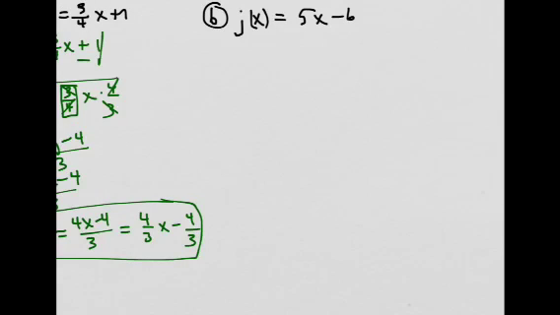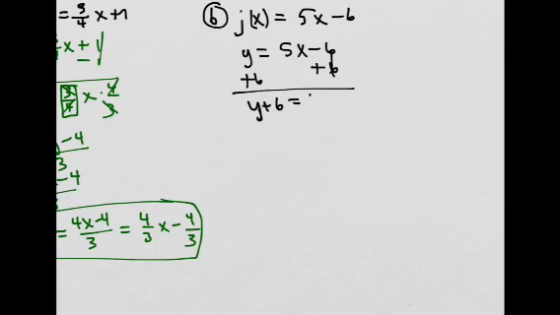Okay, number 6, j of x becomes y. We add 6 to both sides. So y plus 6 is 5x. Divide both sides by 5. Now x is by itself. So we write x equals y plus 6 over 5.